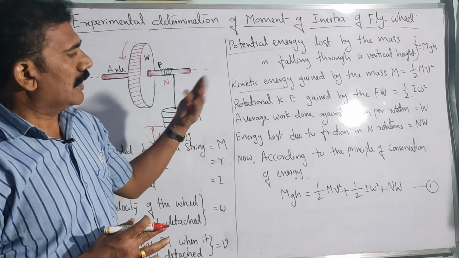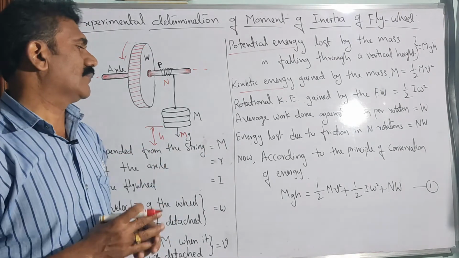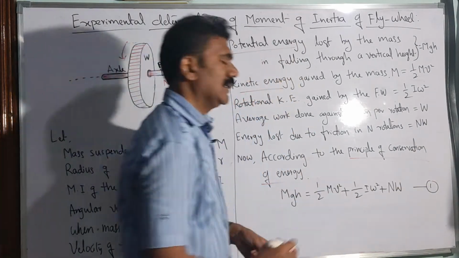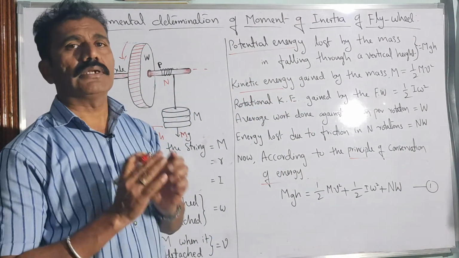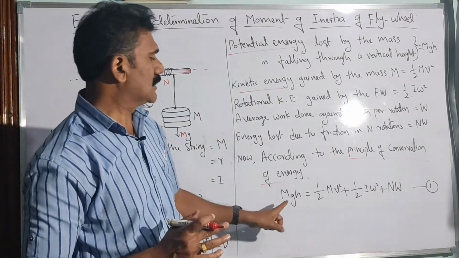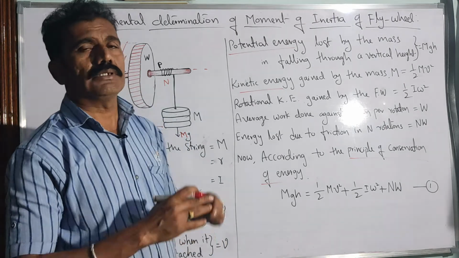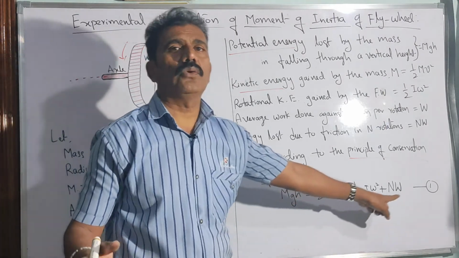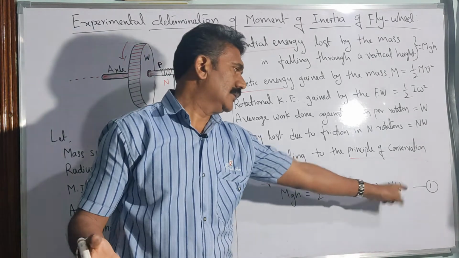So according to the principle of conservation of energy in the experiment, the total energy of the flywheel, which we consider as potential energy, that is mgh, is divided into a number of energies. What are those? Kinetic energy, rotational energy, and total work done against the friction.